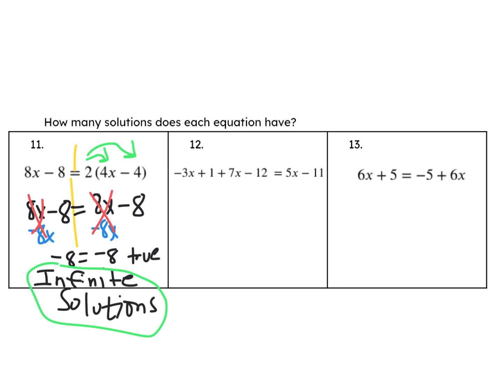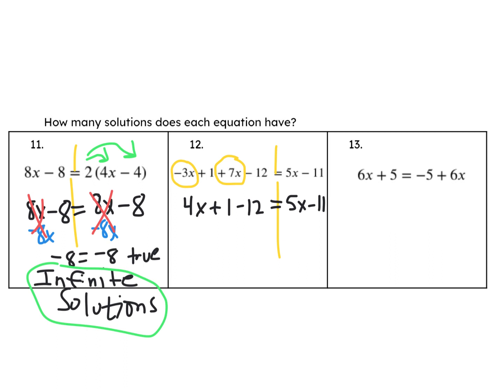All right, next one. Okay, no distributive property, but we do have like terms on the same side. Right here, pay attention to the signs in front of it. So 3x, negative 3x plus 7, that's going to be 4x plus 1 minus 12 equals 5x minus 11.